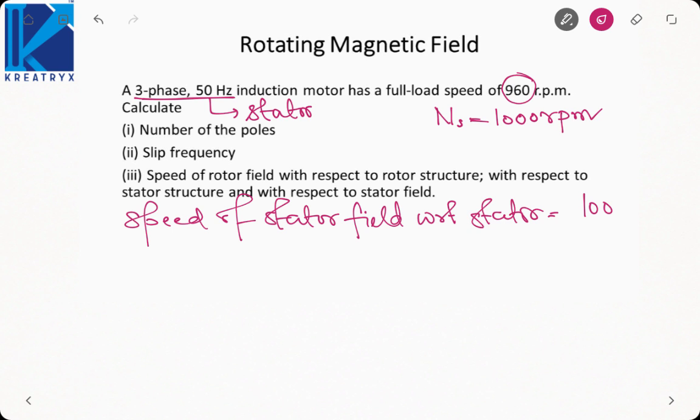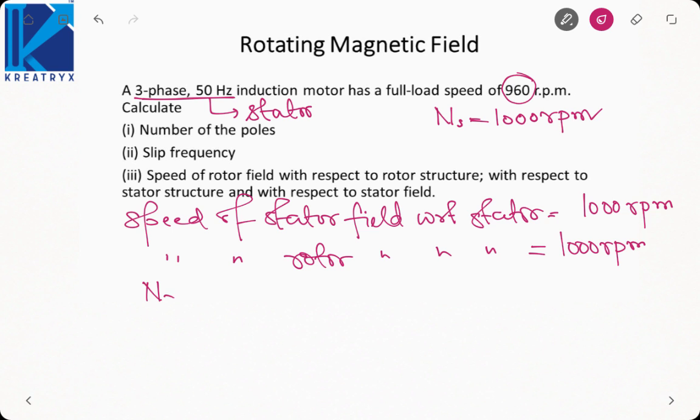Ns, that is 1000 RPM. As I told you, speed of both magnetic fields should always be same, otherwise there will be no torque production. So speed of rotor field with respect to stator will also be 1000 RPM.